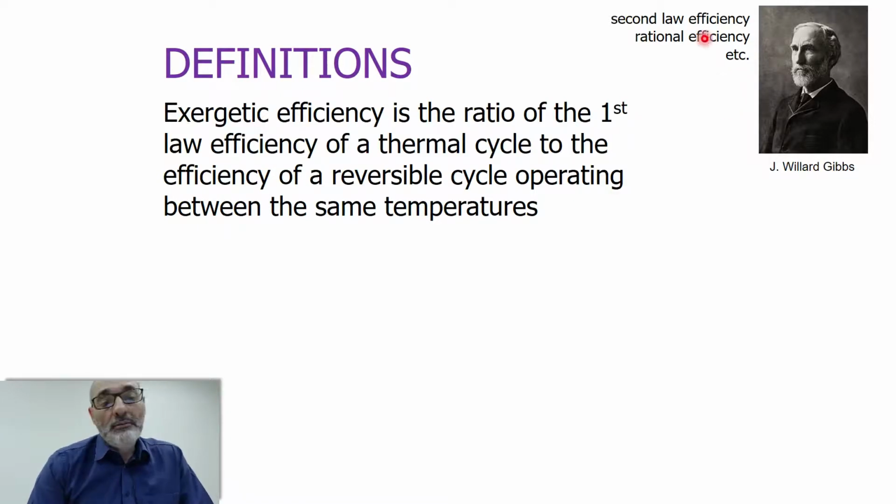I'm more used to the term second law efficiency. So exergetic efficiency, as Gibbs called it, is the ratio of the first law efficiency of a thermal cycle to the efficiency of a reversible cycle operating between the same temperatures.